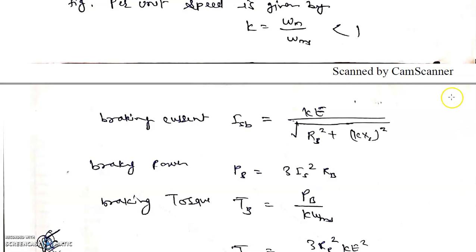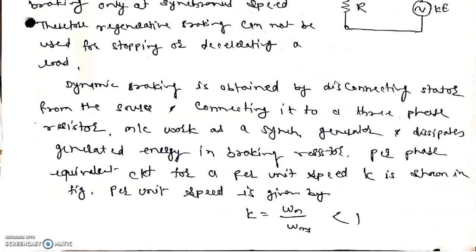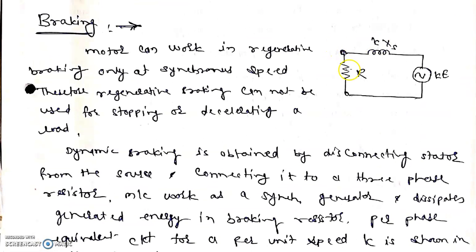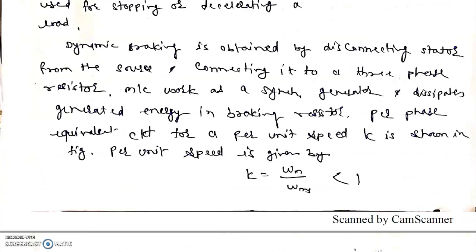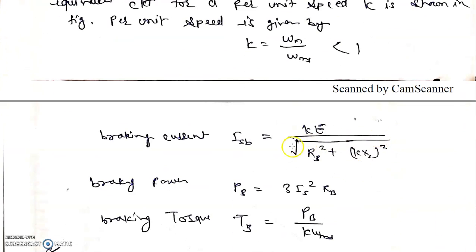By this circuit we can calculate the braking current ISB. The current in this resistor equals KE, the source, divided by the total impedance of the circuit, square root of RB square plus K square Xs square. Braking power is given by 3 ISB square RB.